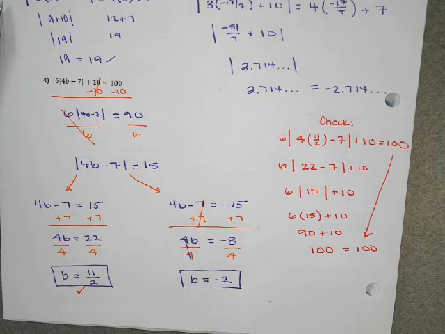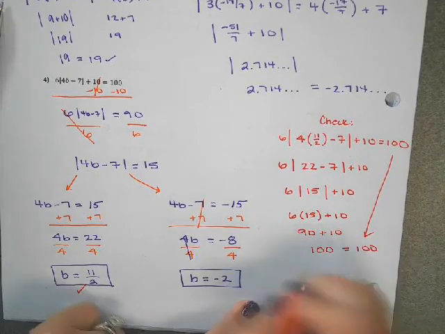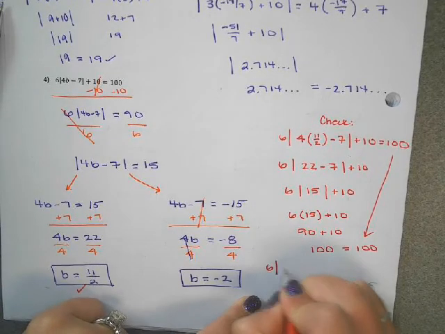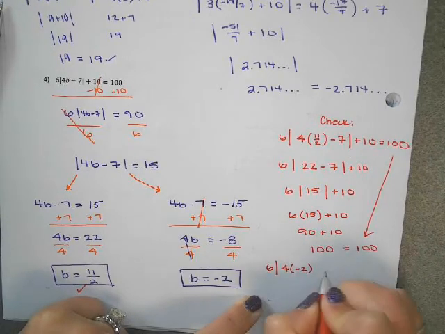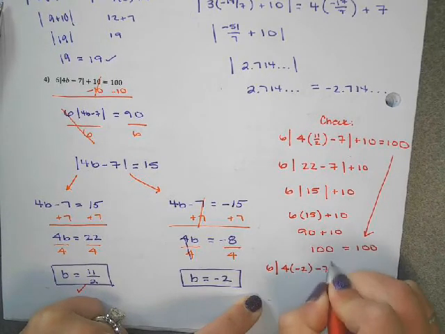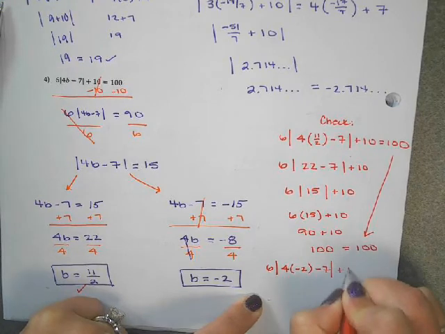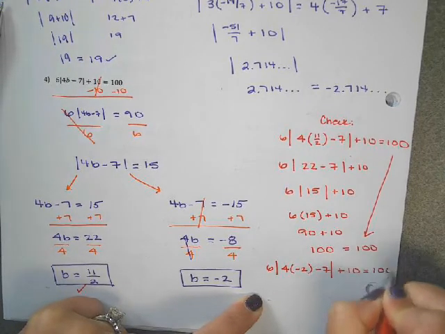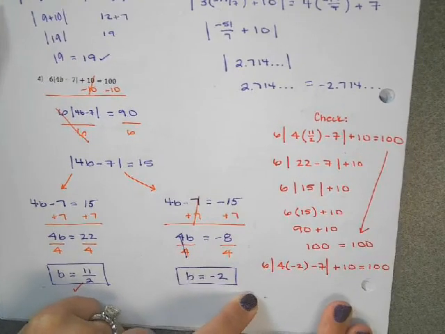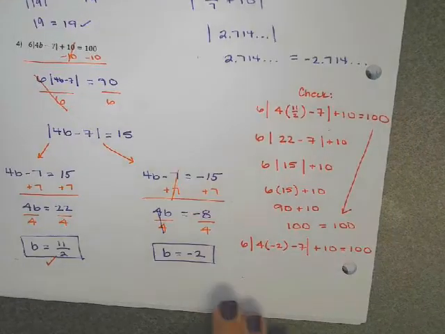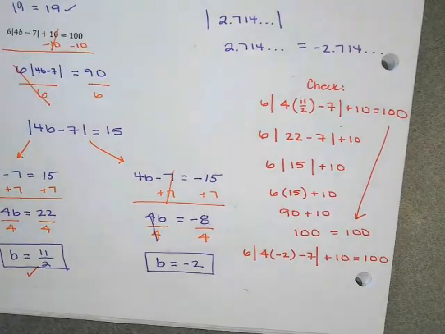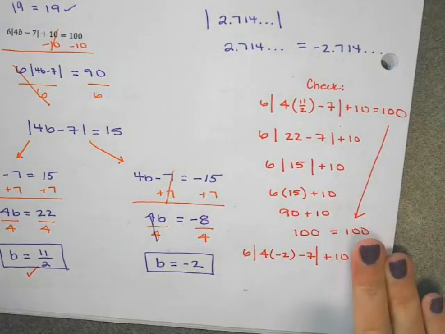Now we're going to do the same thing and plug in -2. So 6 times the absolute value of 4 times -2 minus 7. Add the 10 on the outside. And this is supposed to equal 100. So ignore that equals 100 part.